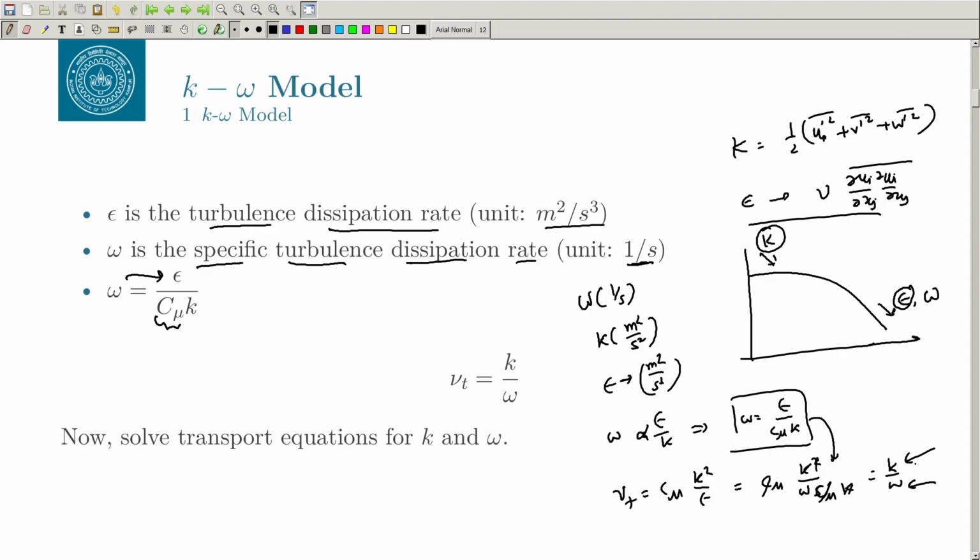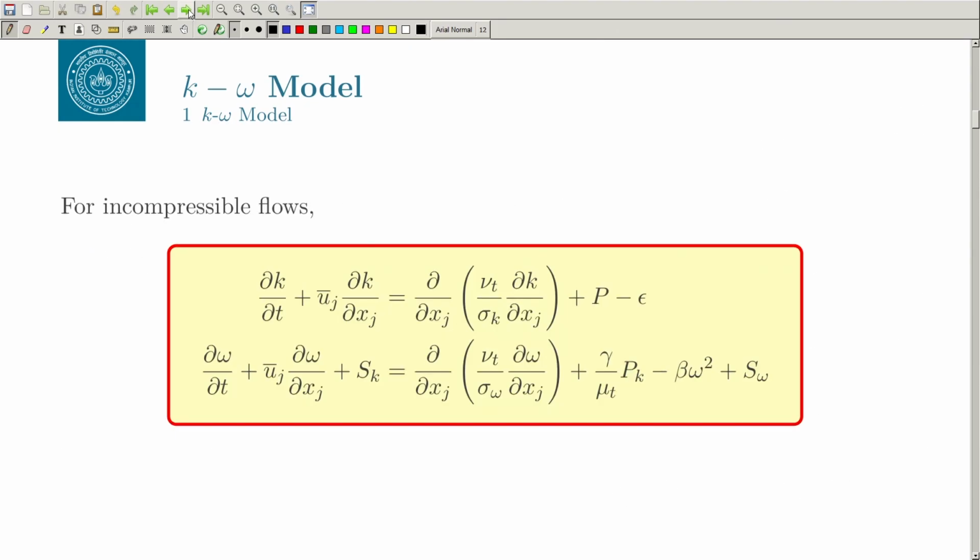So, there is some modeling aspect there, but it can be derived from first principles. Like the epsilon equation, the omega equation has to be completely modeled, okay. So, we need to find the equations for k and omega. Once you find k and omega, at every time step we can take the ratio of these two and get you this nu t, okay.